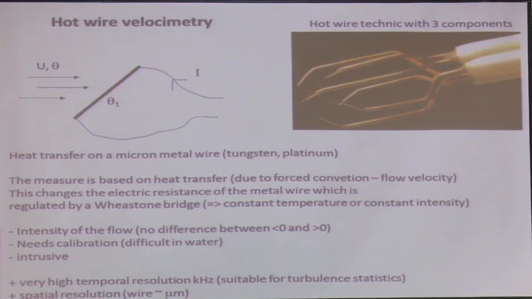So you orient the wire in the direction of the component of the velocity you want to measure. You can design these probes to measure the velocity in different directions, but you have to insert the wire, and the whole thing with the sticks, in the flow, and you have to connect that to your current delivery machine.